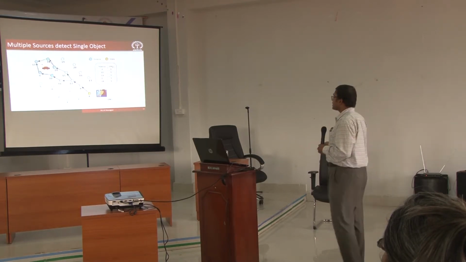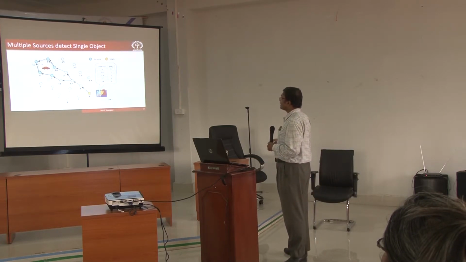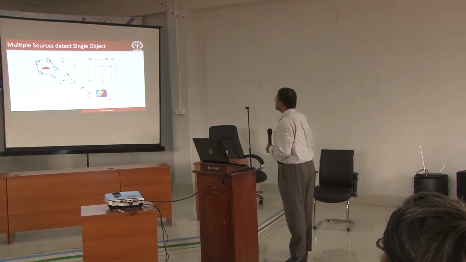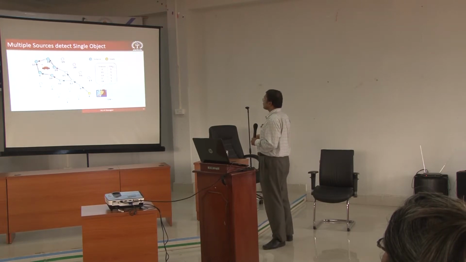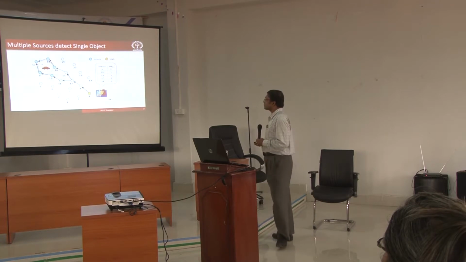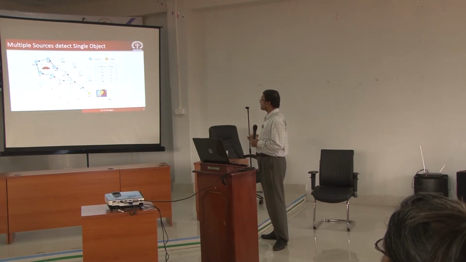Now let us say that we increase it further, and we have a vehicle that has been detected by 5 different nodes in this particular manner. So in this example, multiple sources are detecting a single object. Each of them will report back to the sink node saying that they all have sensed a particular car object.